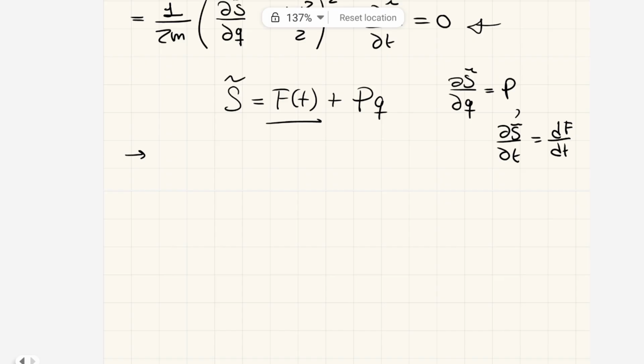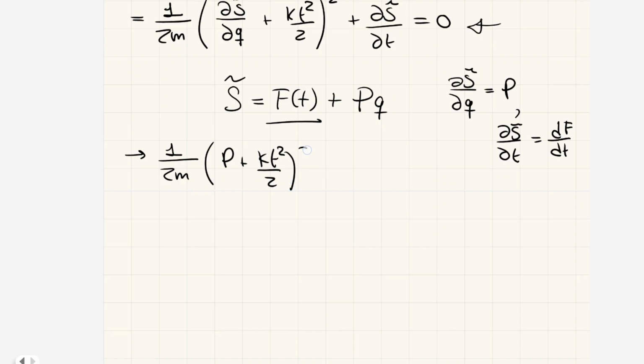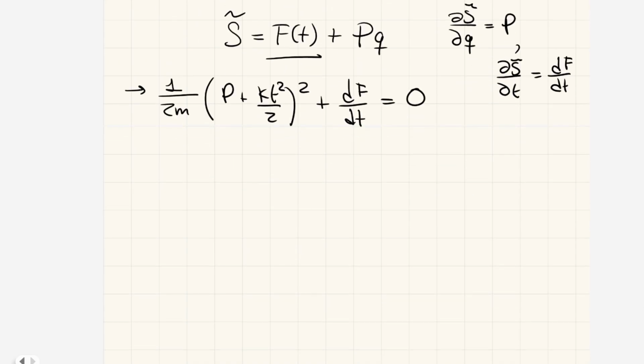So that means that we can rewrite the Hamilton-Jacobi equation as 1 divided by 2m times (P plus kt squared divided by 2) squared plus the derivative of F with respect to time. And this is equal to 0. Okay, perfect.